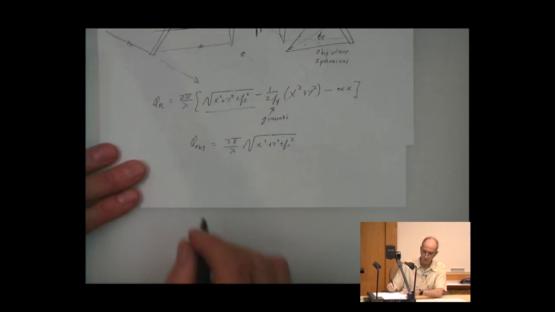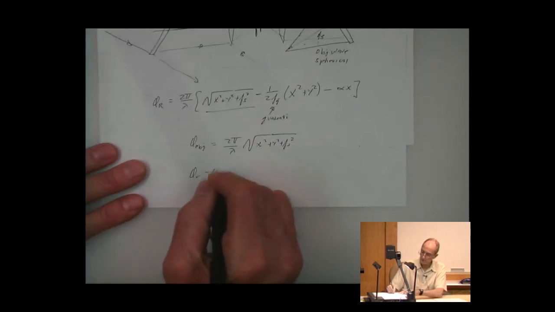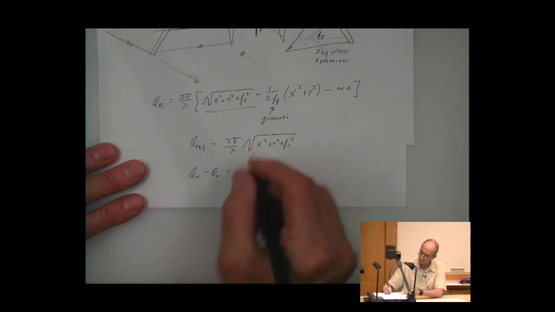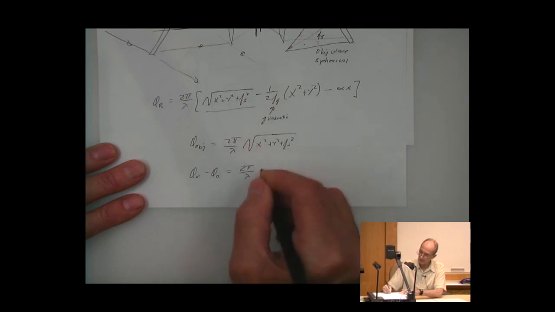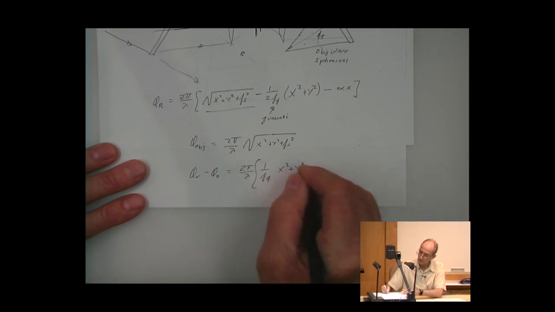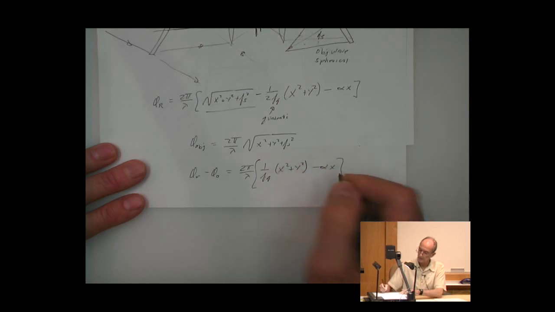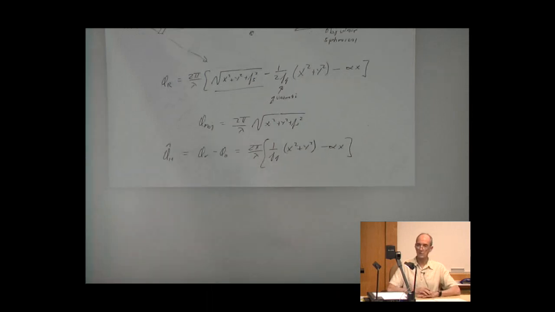Okay, so when we take the phi r minus phi o, we're going to end up with just this term here. So we have 2 pi over lambda, 1 over fq, x squared plus y squared, minus alpha x. And that's the function that we want. That's our phi h that we want.